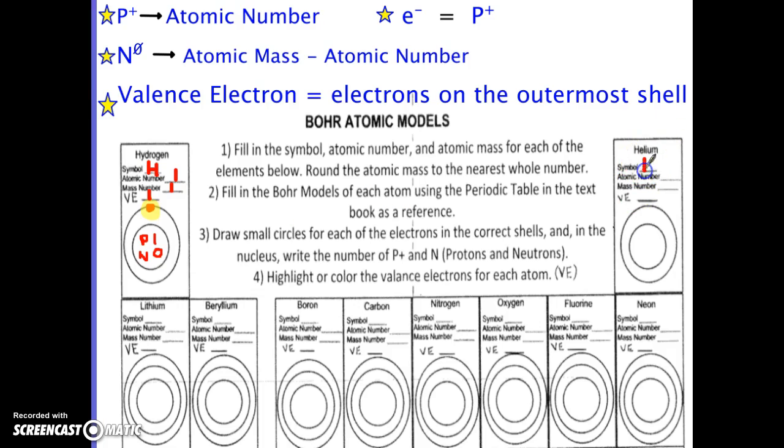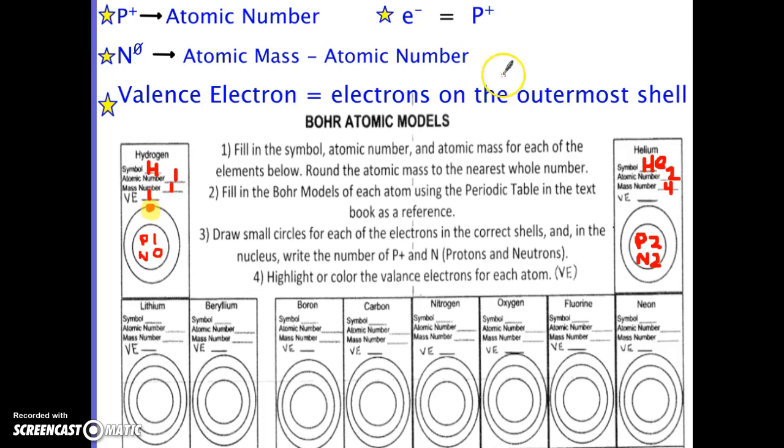So the symbol for helium is capital H, lowercase e. Atomic number is 2. Atomic mass is 4. So I need to draw protons, which is the atomic number, so I have 2. Neutrons is mass minus number, 4 minus 2. That gives me 2 neutrons.